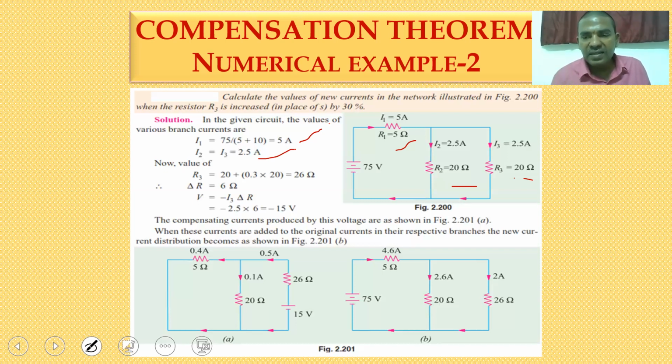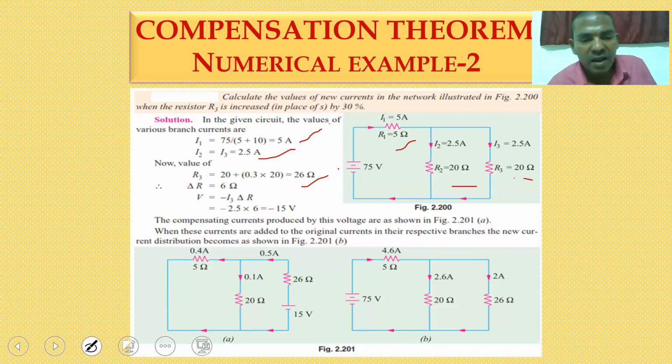Now this resistor R3 is increased by 30%. So 20 plus 0.3 into 20 gives 26 ohms. What is the difference? Initially it is 20, now it is 26, so 6 ohms is the difference.